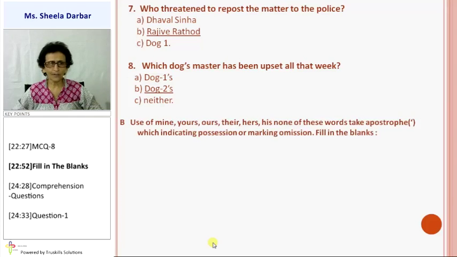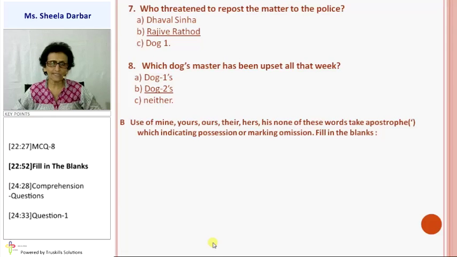The B segment of this section, use of mine, yours, ours, their, hers, his, none of these words take apostrophe. So see, just above this you have dog 1's, dog 2's.